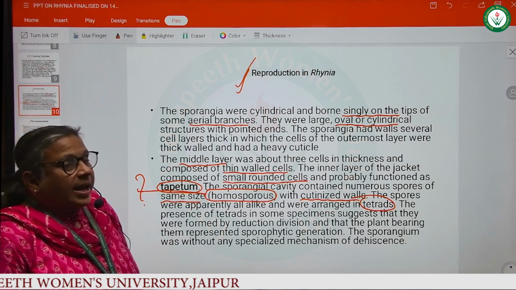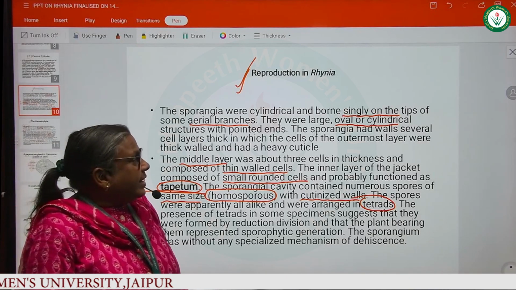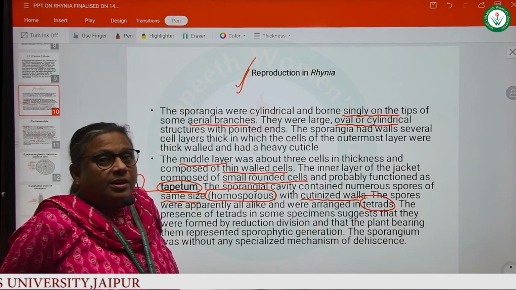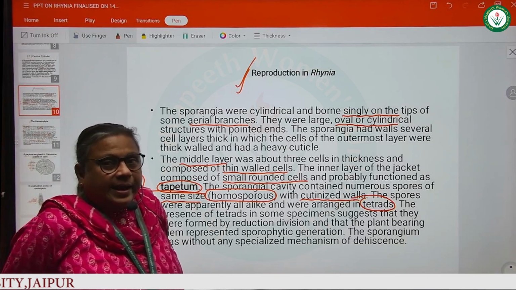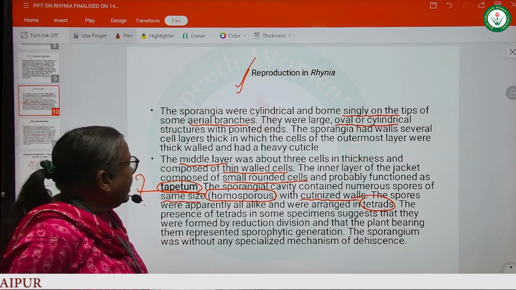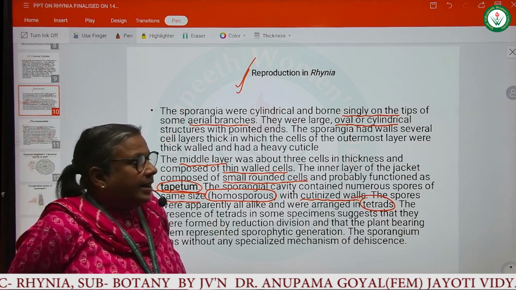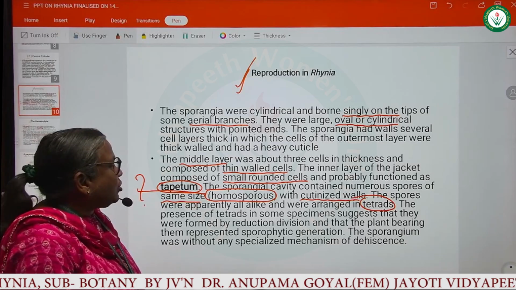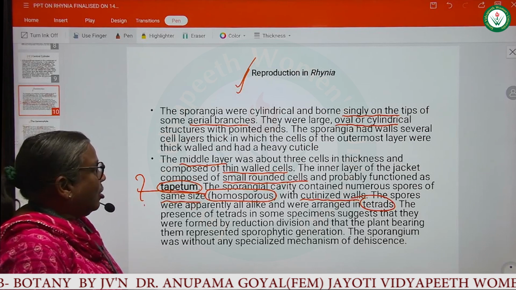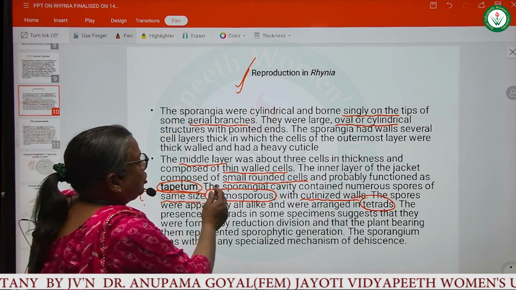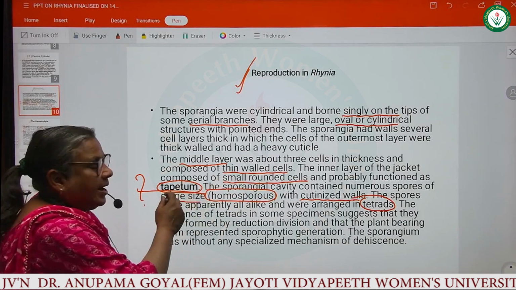The sporangia had walls several cell layers thick, in which the cells of the outermost layer were thick walled and had a heavy cuticle. The middle layer was about 3 cells in thickness and composed of thin walled cells. The inner layer of the jacket was composed of small rounded cells and functioned as tapetum.